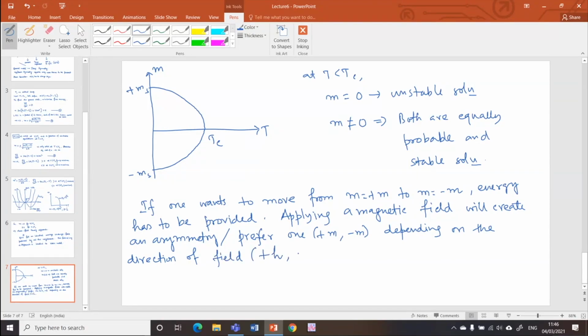Either it is plus h or minus h. So in that case the transition will be possible.